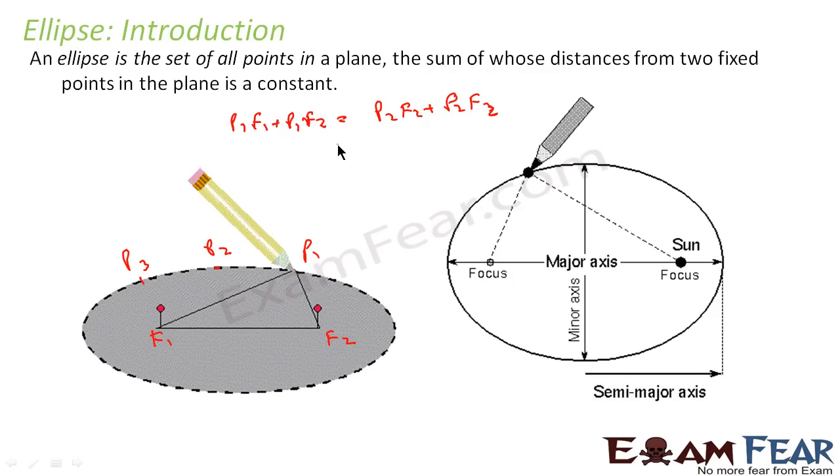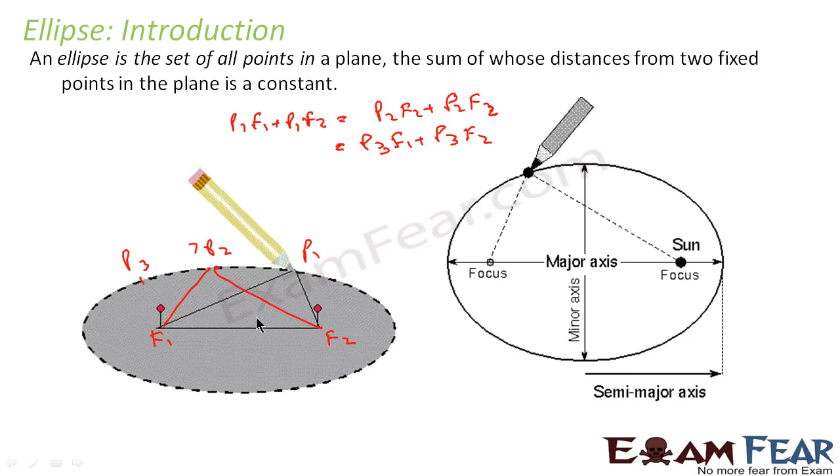This will also be equal to P3F1 plus P3F2. What I'm trying to say is that the sum of distance of any point from F1 and F2 will be equal to P1F1 plus P1F2.